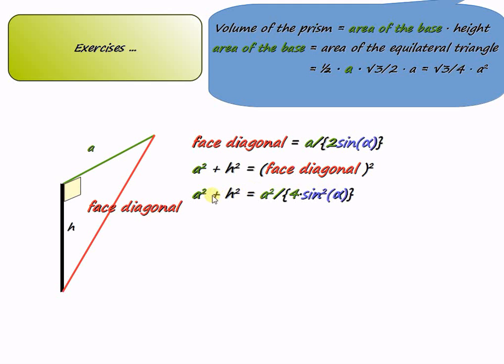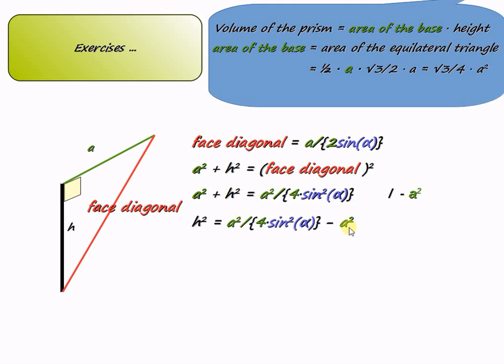This gives us a squared plus h squared is equal to a squared over open bracket 4 times sine squared of alpha close bracket. Now we would like to leave our unknown variable h alone on the left hand side of the equation. So we move the first term to the other side of the equation and change its sign.